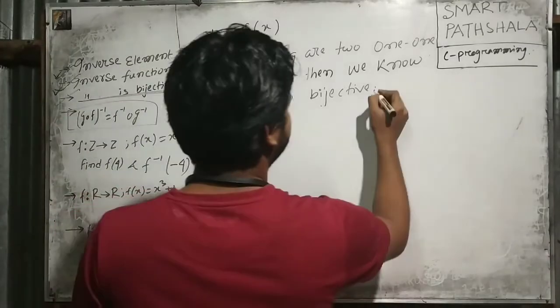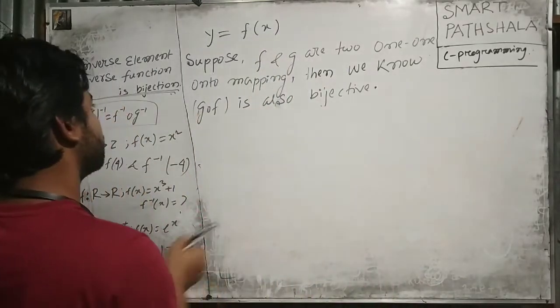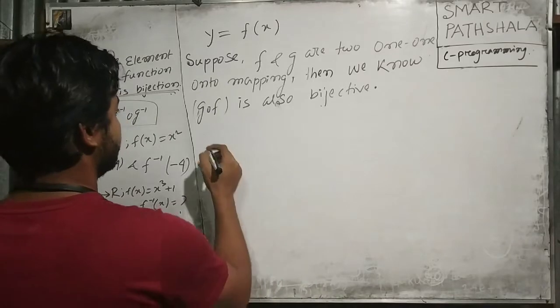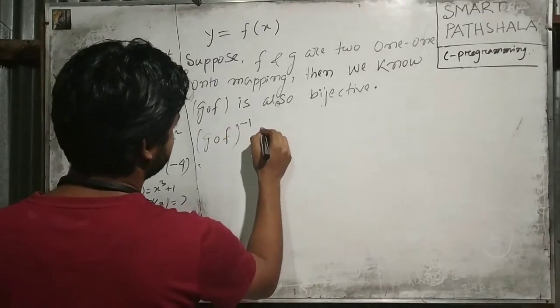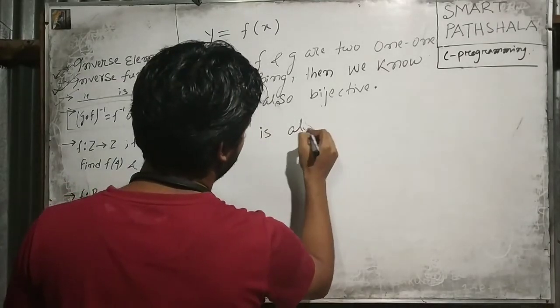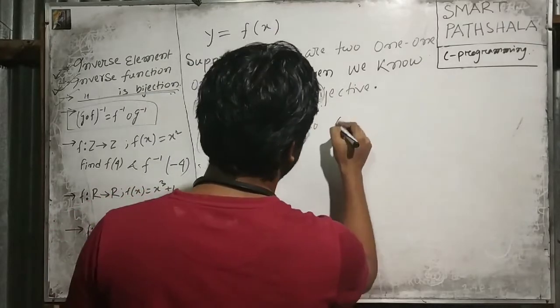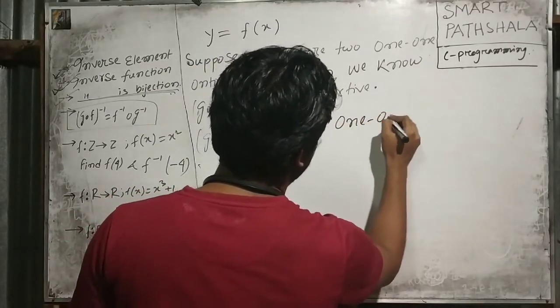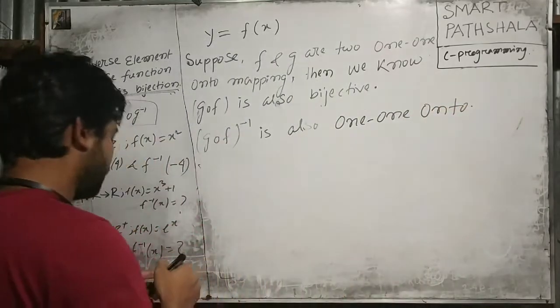Now the thing that separates this formula from the previous one is that g of f inverse is also one-one onto.